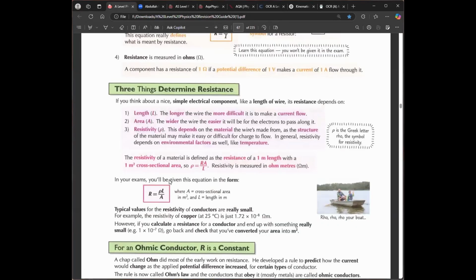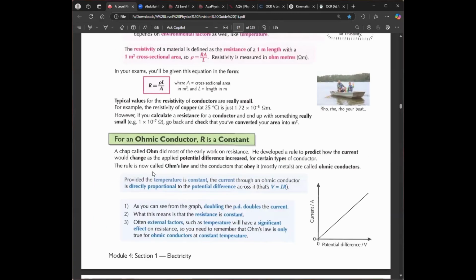So that's that. Yeah, so what does this say? For an ohmic conductor, R is a constant. So obviously, for an ohmic conductor, the relation between potential difference and current remains constant. It's a straight line. So as potential difference increases, current increases as well. We say these kind of conductors are ohmic conductors because they obey V equals IR. So anything that obeys V equals IR, we say that is an ohmic conductor.